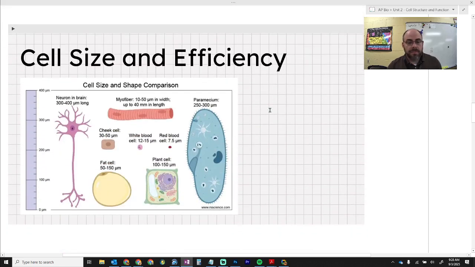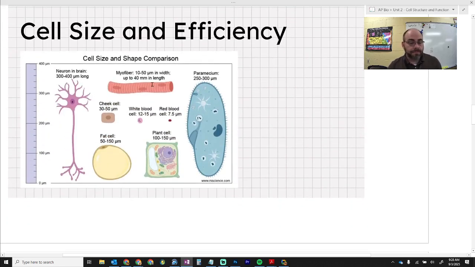Let's look at this. We talked about this already. But see, this nerve cell here, because of the way that it is shaped, has a lot more surface area than volume, right? Because it's not just a round blob like this fat cell here. It's very skinny, right? Lots of surface area to volume.